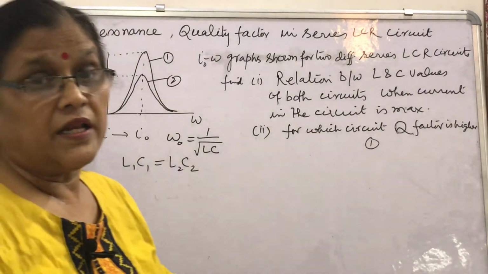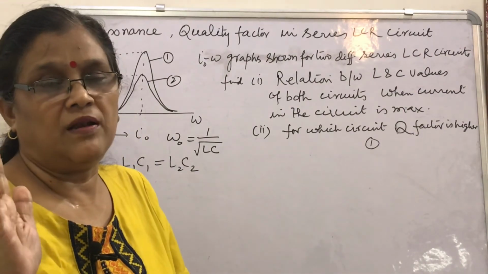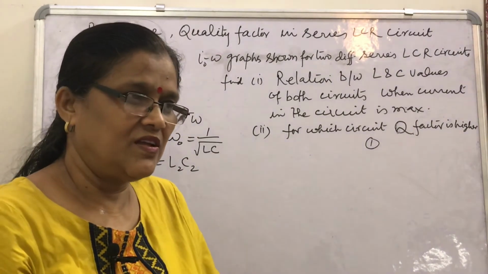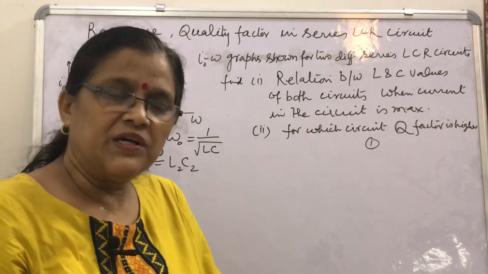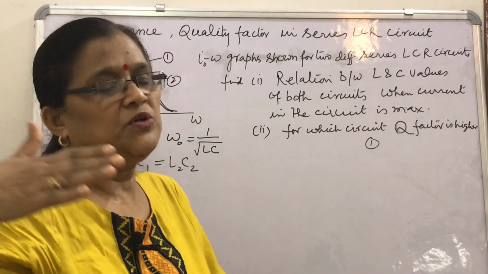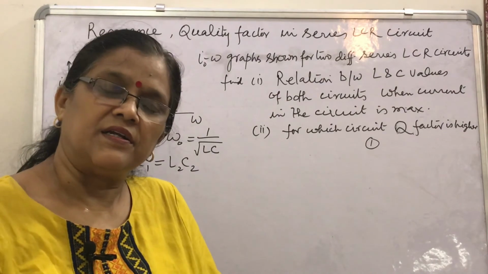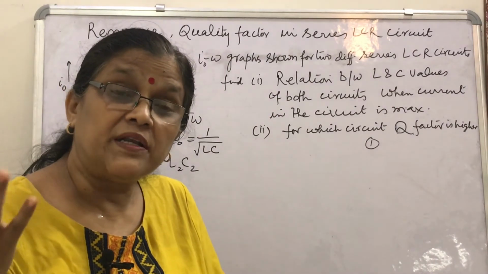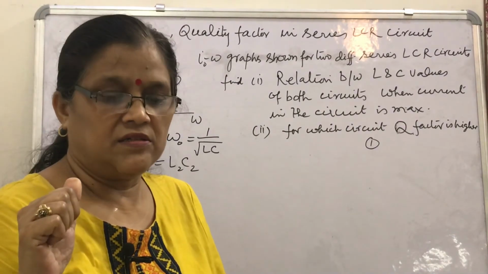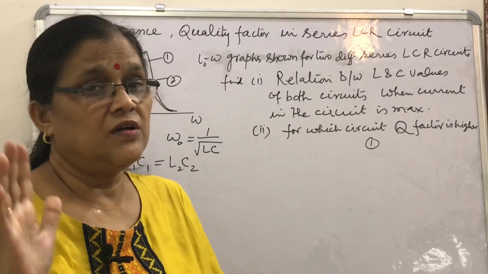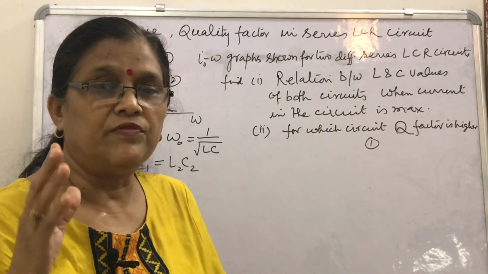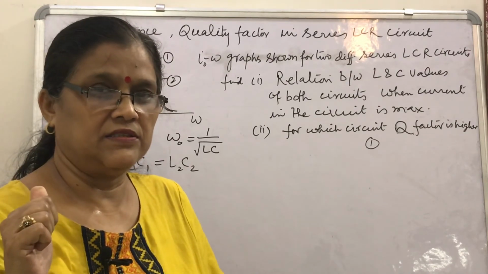Now another interesting example of resonance in AC circuits. You know, for security reasons at an airport, a person is made to walk through the doorway of a metal detector. How does this metal detector work? Look, a metal detector works on the principle of resonance in AC circuits.